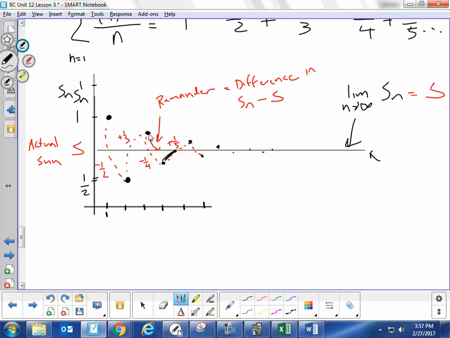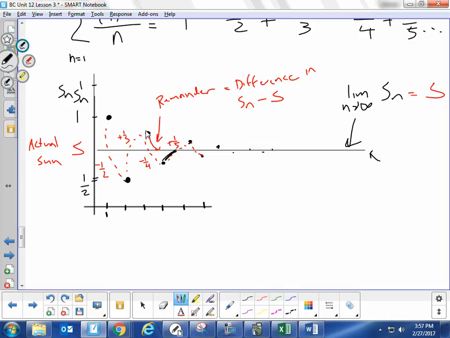I know that I'm going to subtract 1/4, going beyond s to get to that value. And then if I add 1/5, I'm going to go above s and get that value.